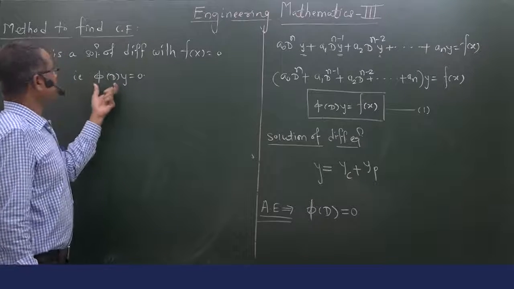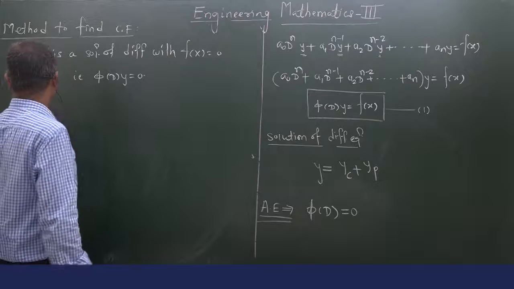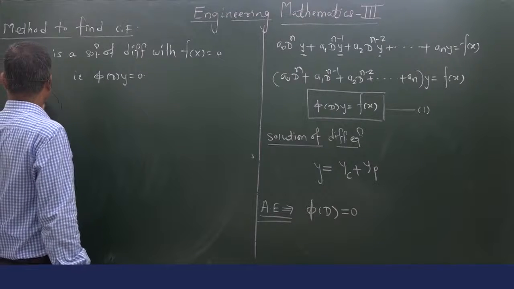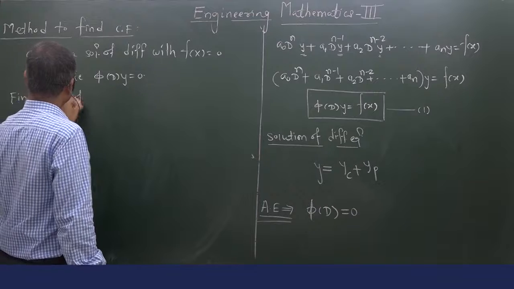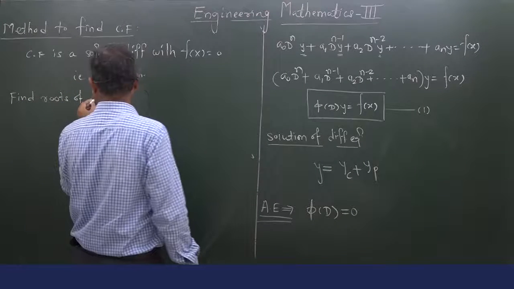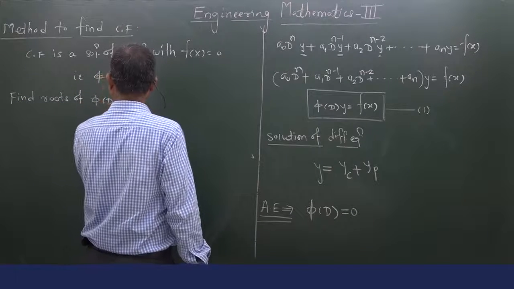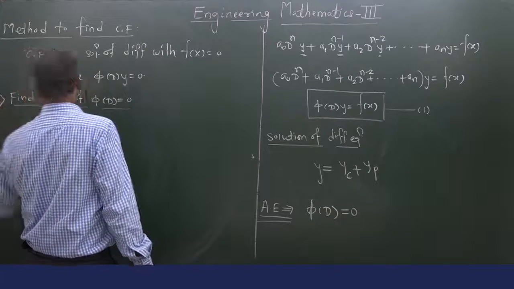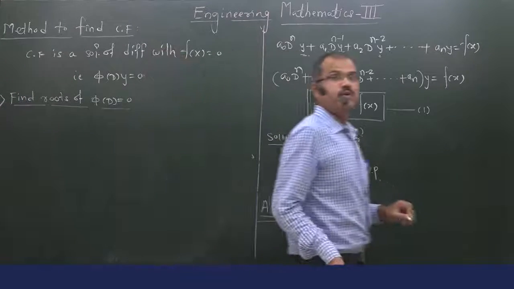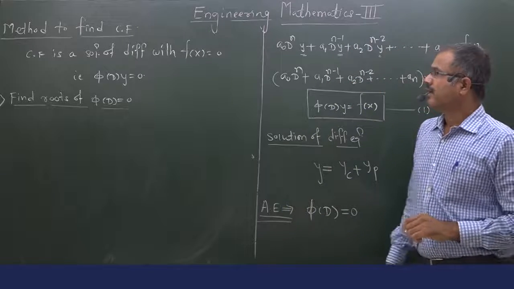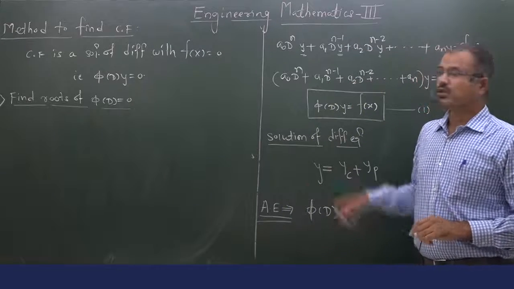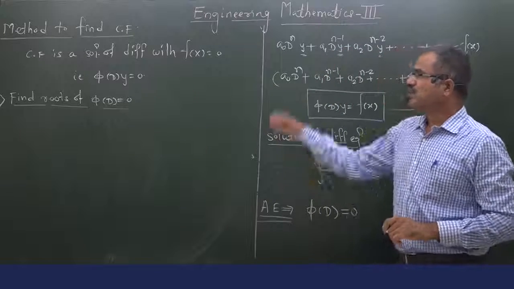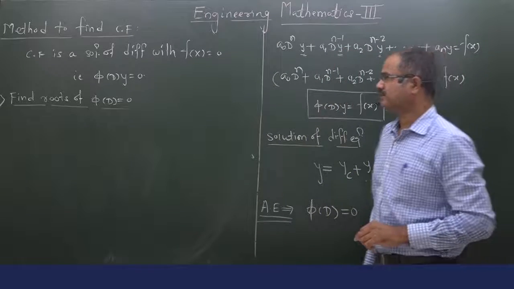First find roots of auxiliary equation phi of D is equal to 0. Now the solution of differential equation phi of D y equal to 0 depends on roots of auxiliary equation.